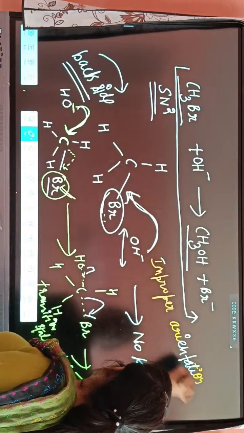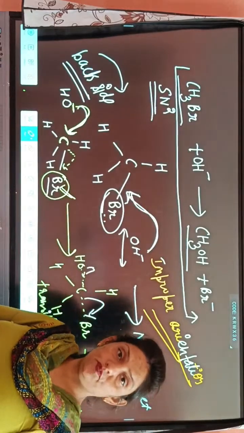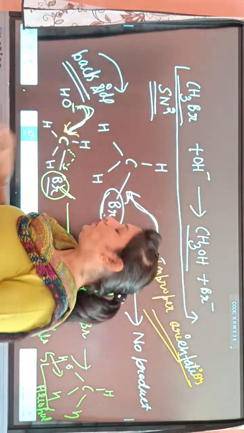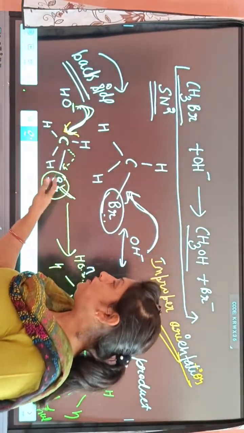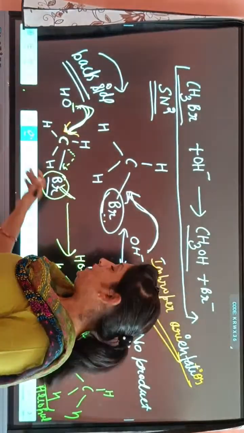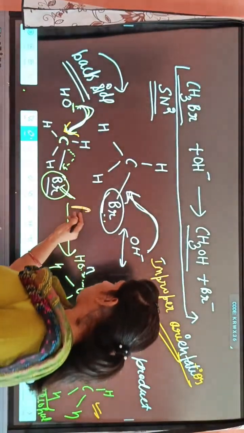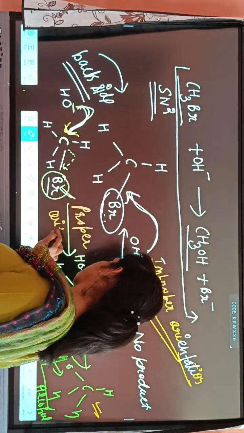That's why we do not get any product here. Clear? But if the hydroxide ion attacks from this side, there is no repulsion, then easily it can proceed and you will get the product. So this is the proper orientation.